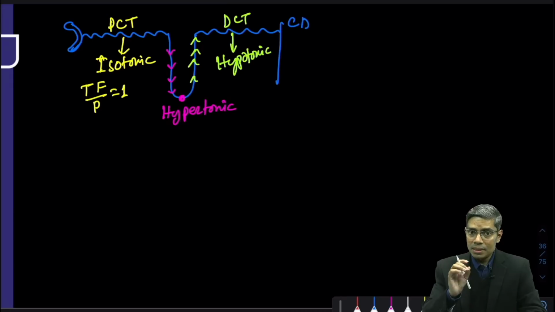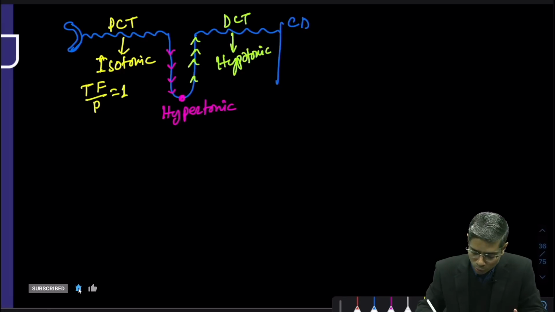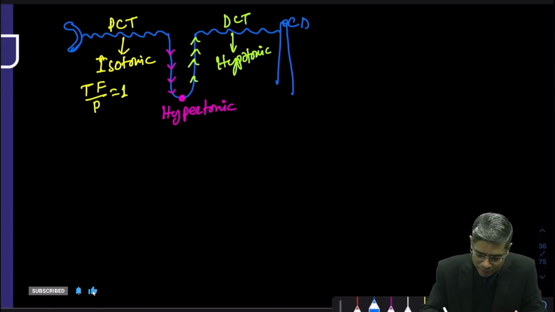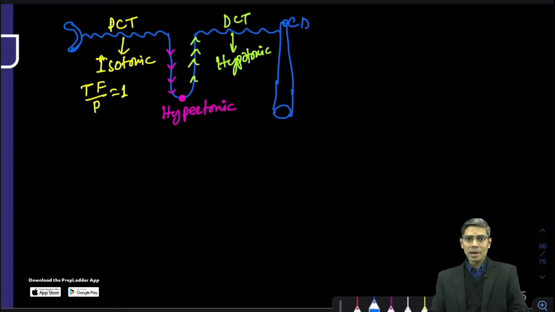Now, this hypotonic solution which is present in the DCT will move through this collecting duct, and the whole game is at the collecting duct. Why?